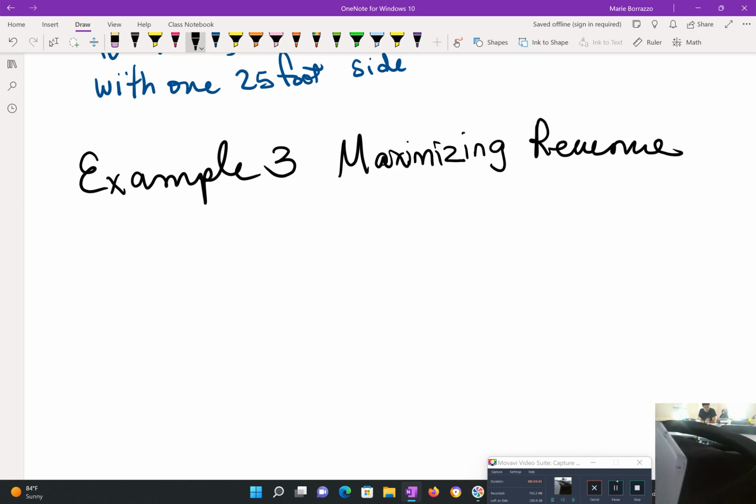All right, so in this case, it says an office supply company sells X number of permanent markers per year at P dollars per marker.